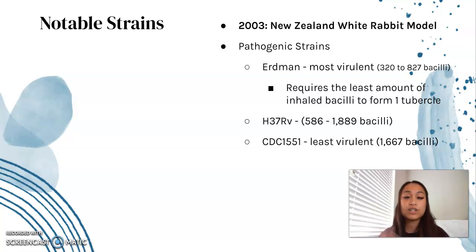And so in 2003, scientists used the New Zealand white rabbit model. And so these scientists bought and purchased these white rabbits from New Zealand and made sure that they were maintained healthily so that they were ready for this experiment. They were healthy for this.